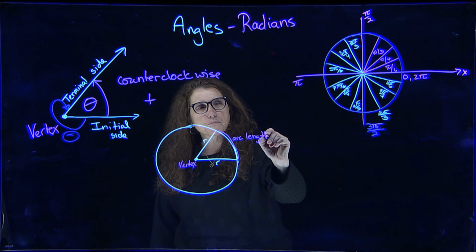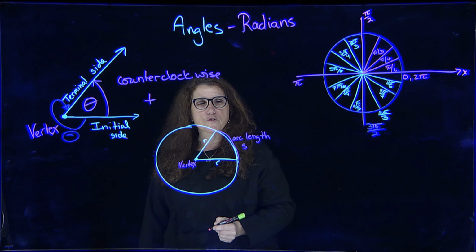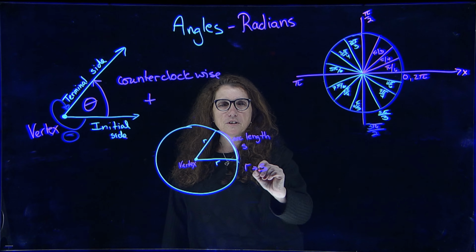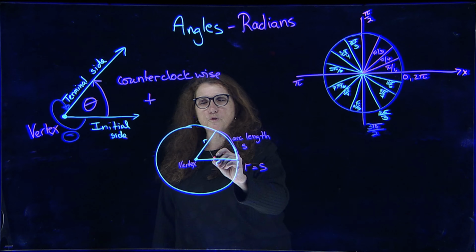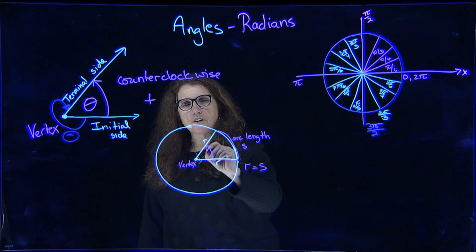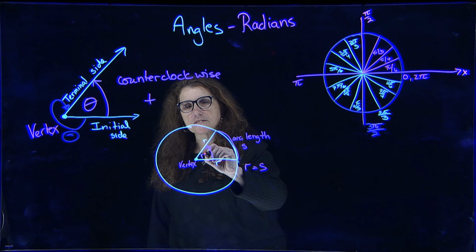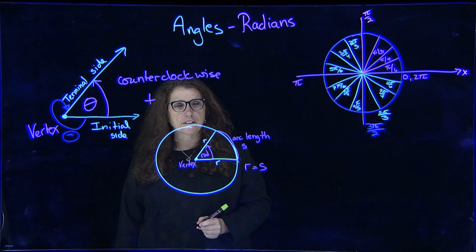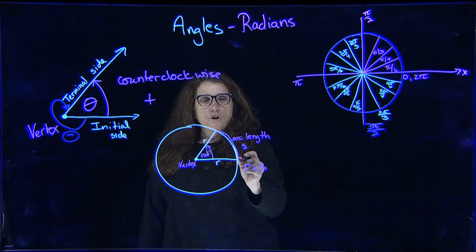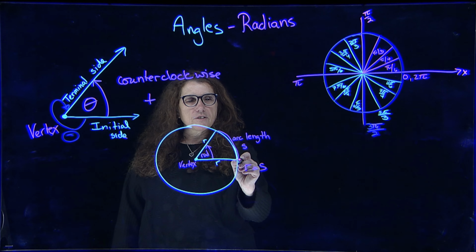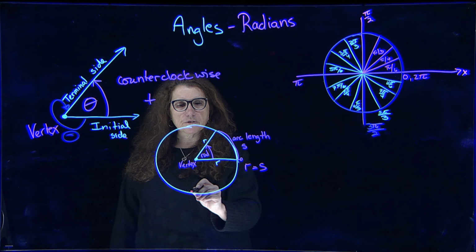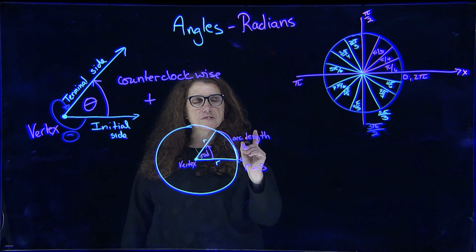In trigonometry, we abbreviate this with an S. So if r is equal to s, then we form an angle called one radian, and we abbreviate it with rad.